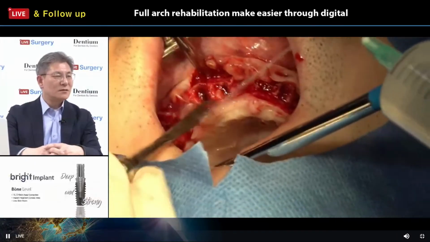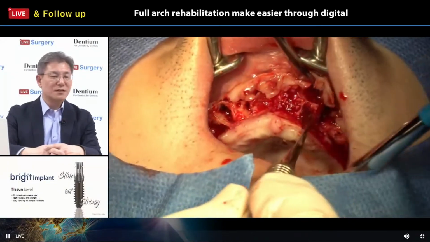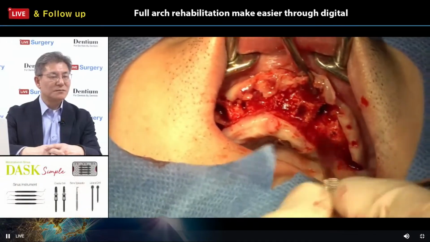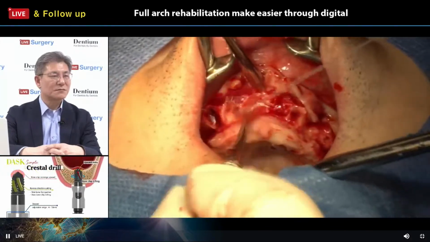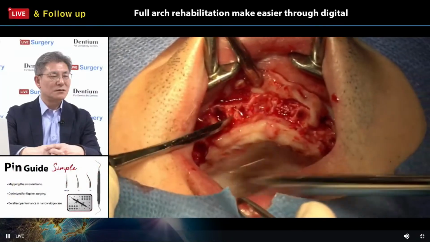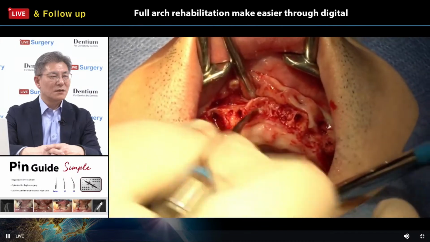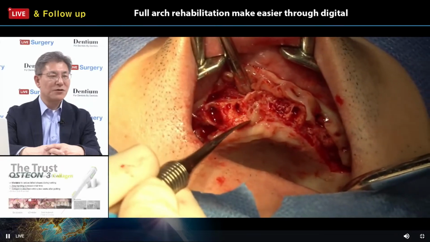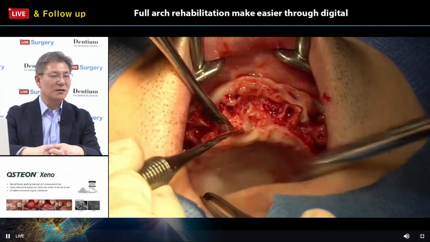Okay. Cleaning up the whole extraction area again. I think the alveolar ridge width is good. Actually, not so bad.